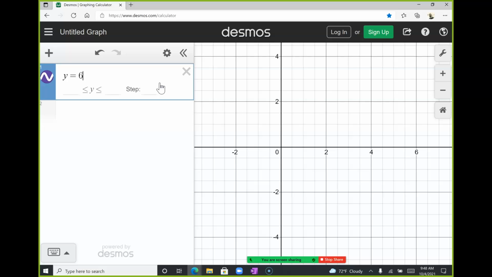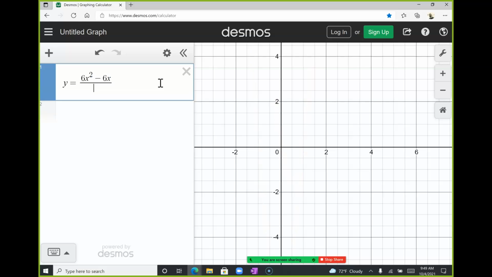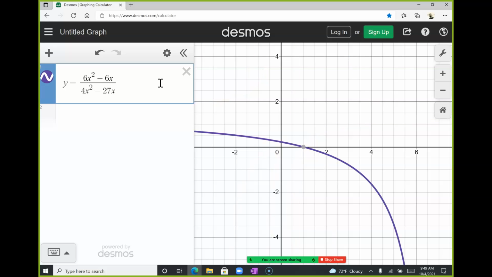I can do 6x squared minus 6x, and then I can highlight everything and then do divide. So that's me wrapping them in parentheses. And then I forget already, was it 4x squared minus 27x? Is that right? And then minus 7? Yeah, minus 7, right?